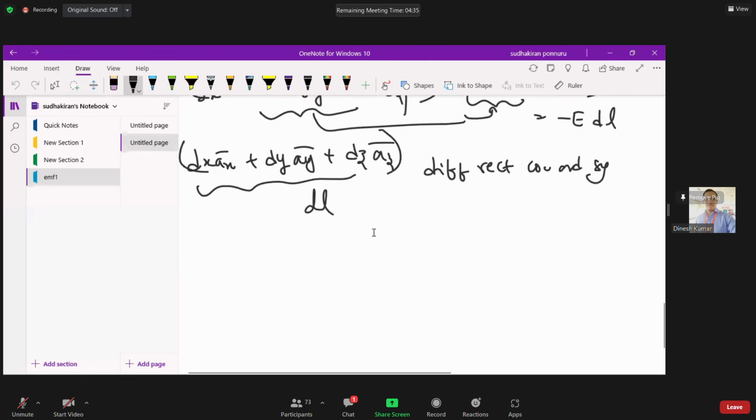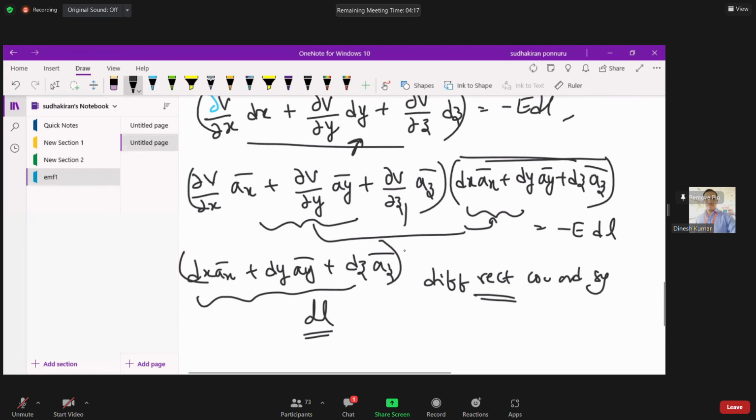If you don't remember, please go back to your previous pages where you can find this expression: in the rectangular coordinate system, the differential line length is dx ax bar plus dy ay bar plus dz az bar. So in place of this entire term, I am writing the simple value dL.